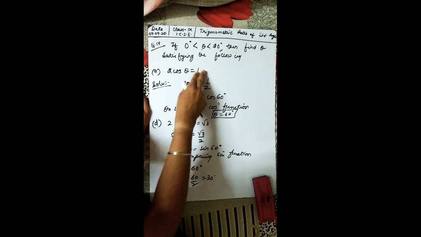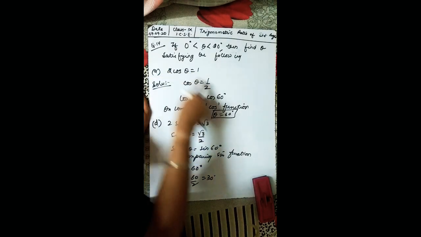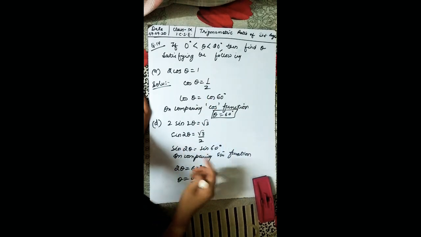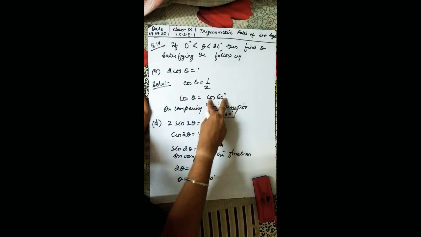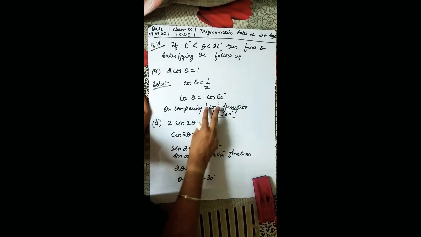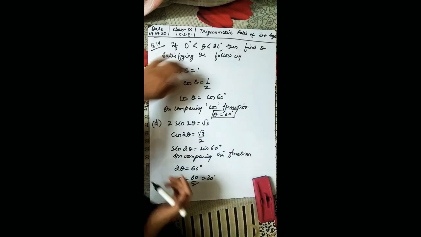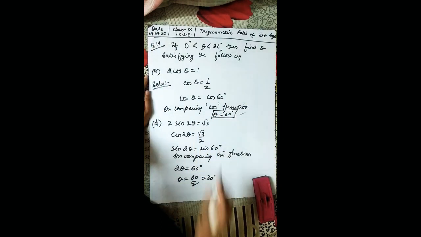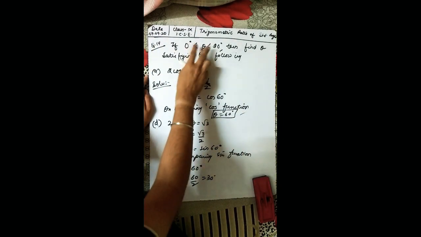First is 2 cos theta equal to 1. Take 2 in the denominator, so cos theta equal to 1 upon 2. When you get 1 upon 2 in the cos table, that is cos 60 degree. So cos theta is equal to cos 60 degree. On comparing the cos function, you will get theta equal to 60 degree, and this is the answer, which lies between 0 and 90 degree.